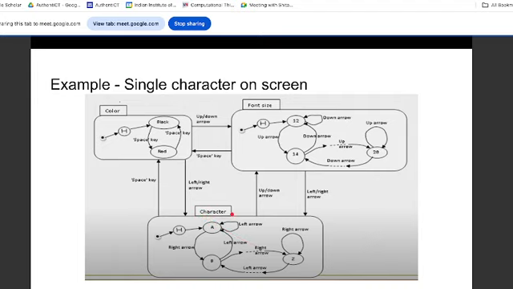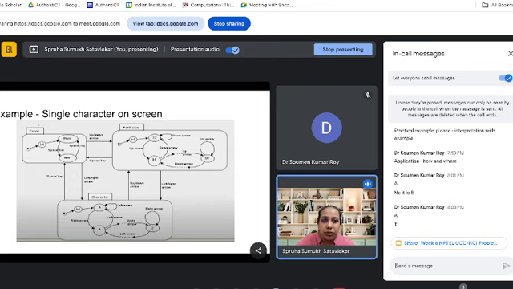So this was representing the character superstate. Similarly, there is a font size superstate and then a color superstate. Each one has a transition that is represented by a key press in this case. You may have a transition represented by a mouse click as well.